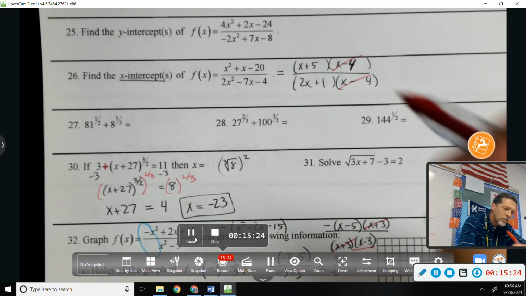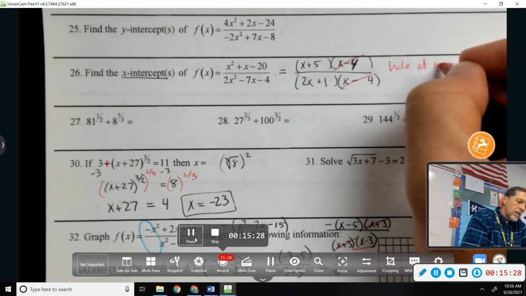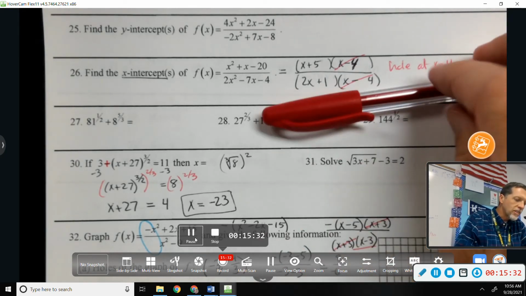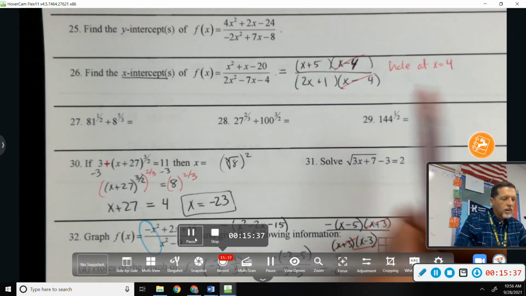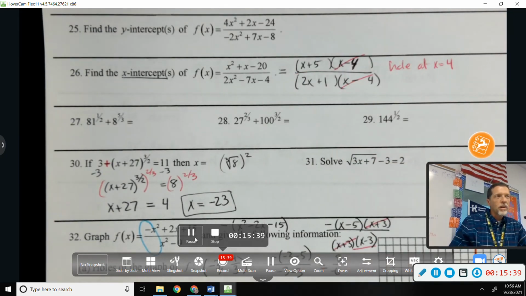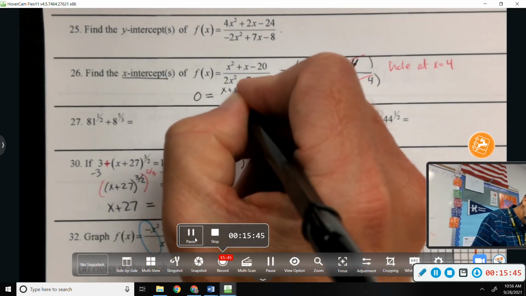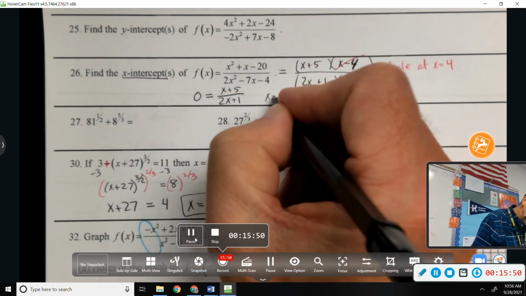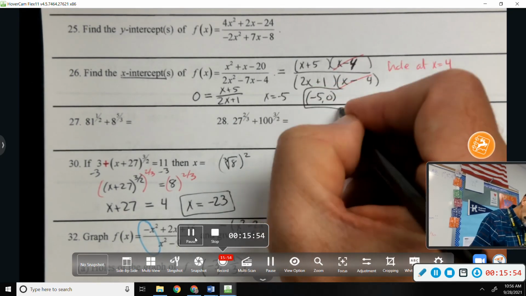There's a hole at x equals 4, not an x-intercept. So you have to be careful. If you'd just factored the top and said, well, zeros come from the top, it must be 4 and negative 5. No, because there's a hole at 4. So that's a really good question. X-intercepts means set y equal to 0. So there's only one x-intercept for this one. That would be negative 5. So at negative 5, 0.